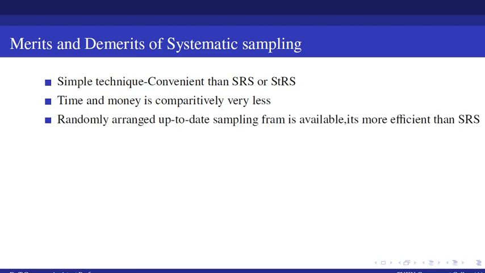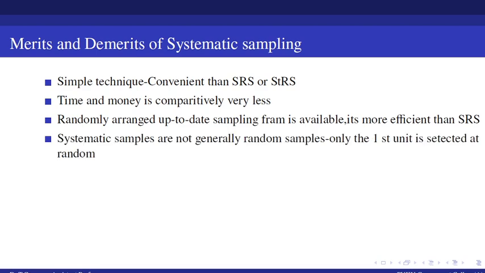If the sampling frame is up to date and arranged randomly, then systematic sampling is more efficient than simple random sampling technique. The most commonly used method to achieve randomness is alphabetical order of the population units. For example, a telephone directory.